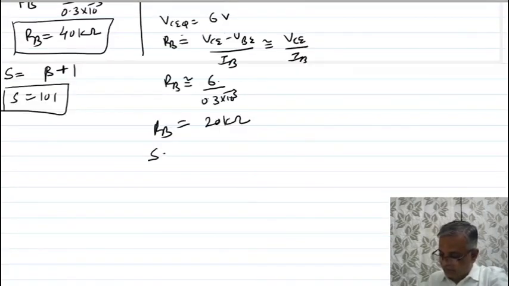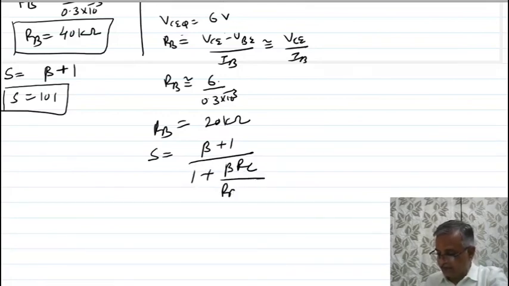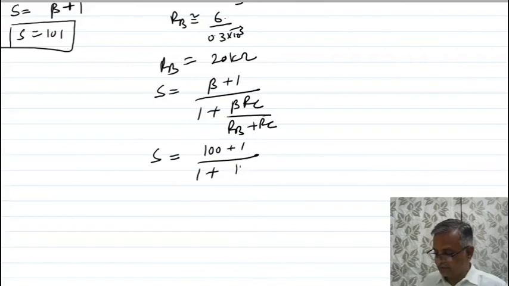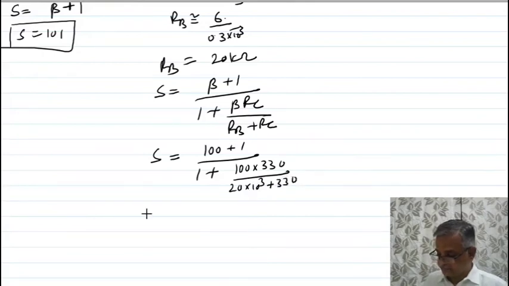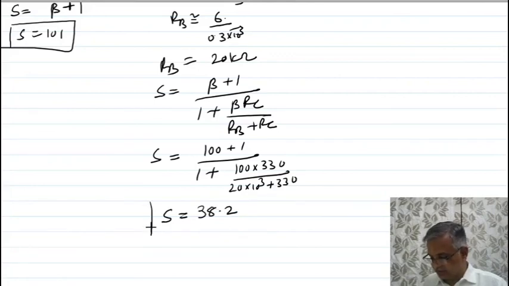For collector to base bias, we know the equation: beta plus 1 upon 1 plus beta into RC upon RB plus RC. I am putting the values of beta, RC and RB. By doing the calculation, the value of S you will get is 38.2.